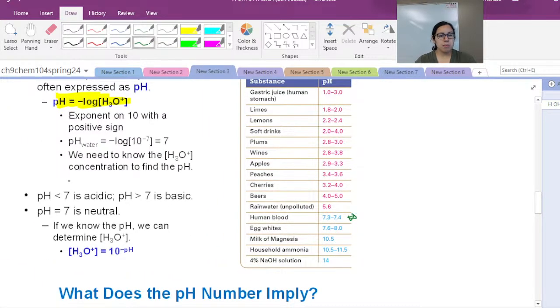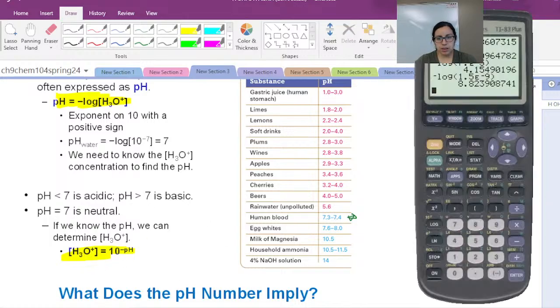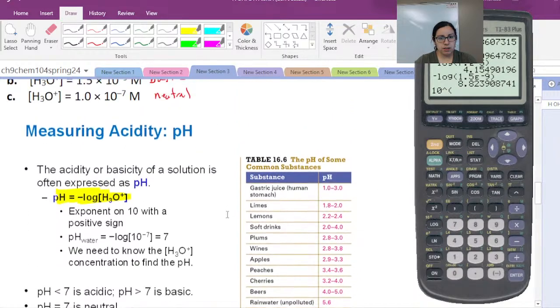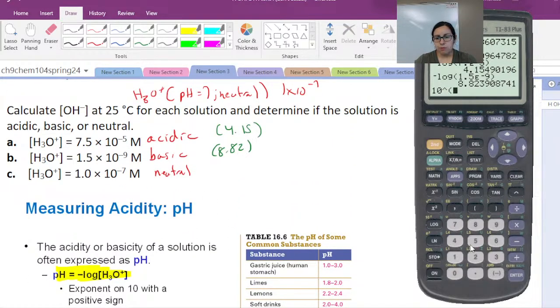And then if we want to go the other way, so let's say we want to find our hydronium concentration from our pH, we can just do the opposite. So now hydronium is equal to 10 to the power of negative our pH. So if we did, I'll just do our 4.15 again so we can go back and forth.